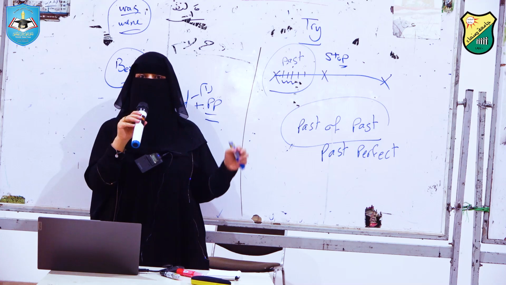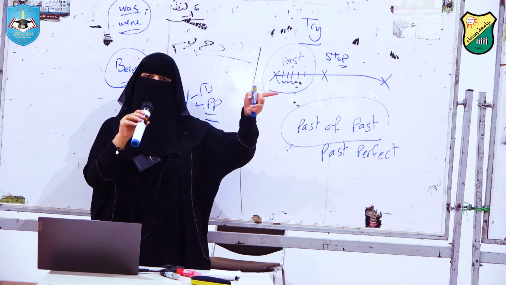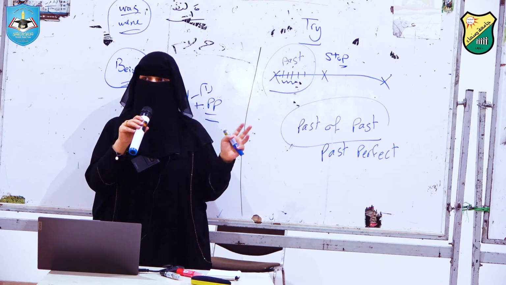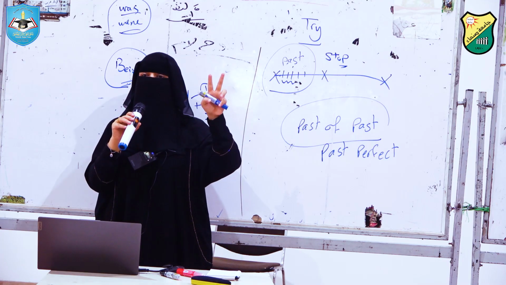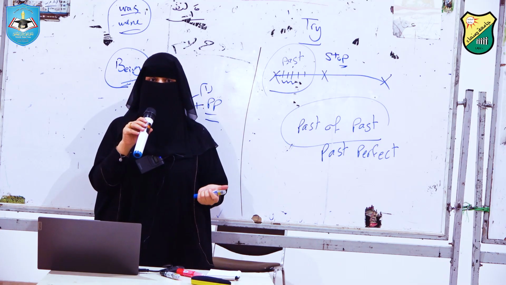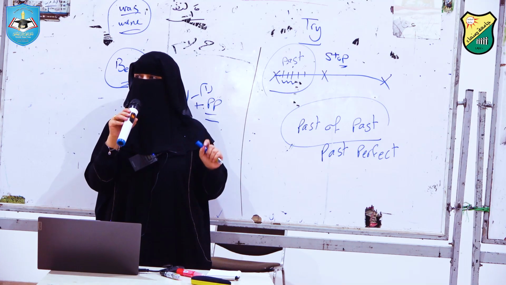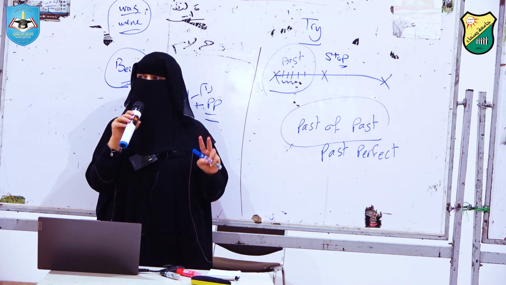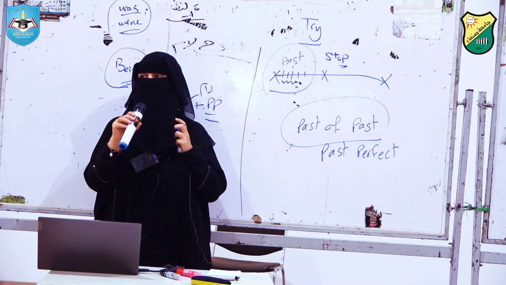So had already gone is number 1, and when she arrived, he was not there. So two tenses together, two actions in the past, one of them is before the other. So get your ideas organized on the past perfect: two actions in the past, one of them is before the other, and the past perfect is always number 1.